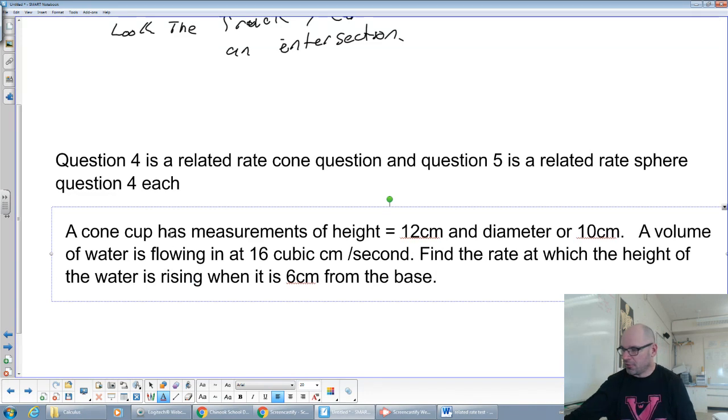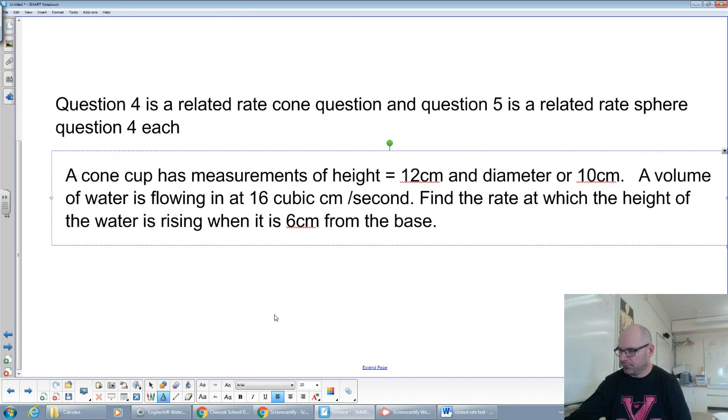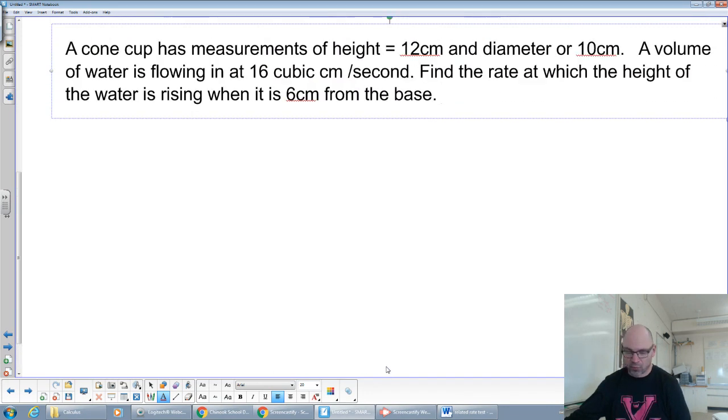Okay, so the first thing we got to know is the volume of a cup. So it's a cone. It's 1/3 pi r squared times h.